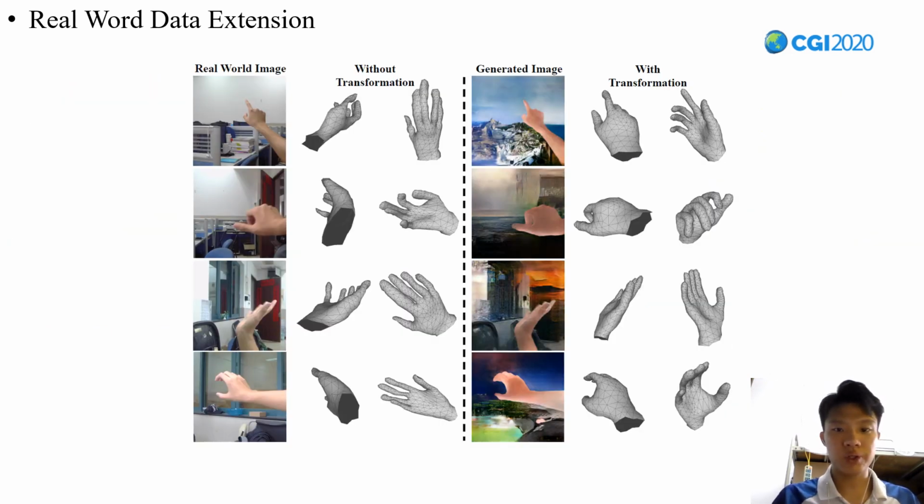Here we show some reconstructed examples with and without domain transformation. Clearly, image domain transformation makes a great contribution to reconstructing precise 3D hand meshes from real-world images.